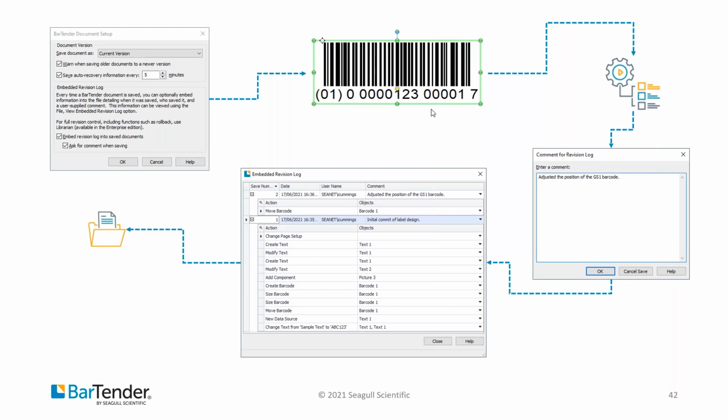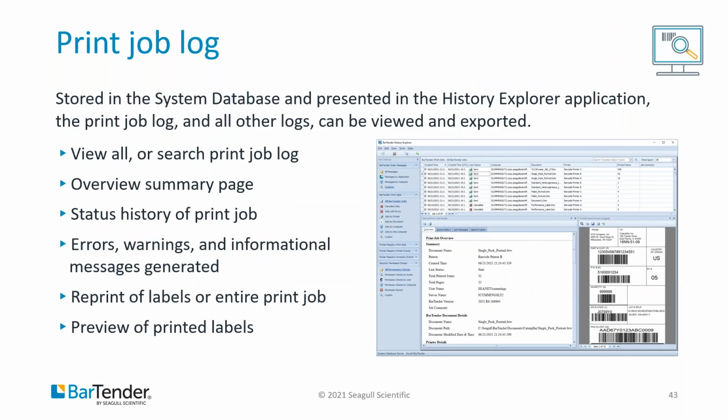And then for each of those save points, you'll see each of the individual actions that took place. And as stated previously, that revision log is saved and stored as part of the BarTender document file itself. So it's not stored in the system database, unless, of course, you're storing the document in the system database using a librarian.